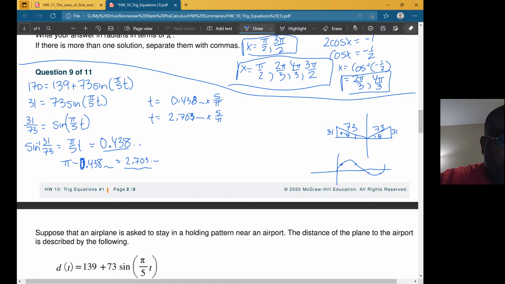For the 2.703, if I multiply this by that, I end up with, I can round now, 4.30.